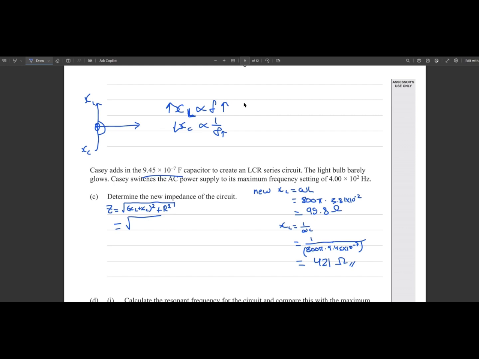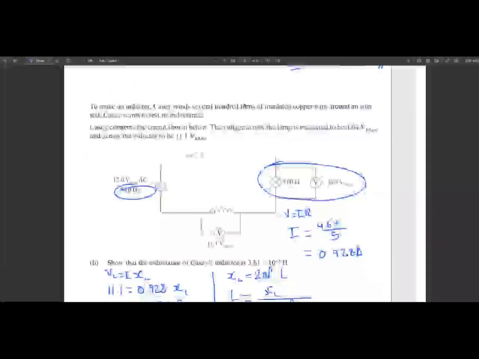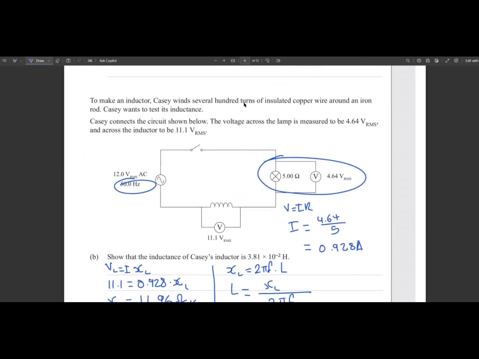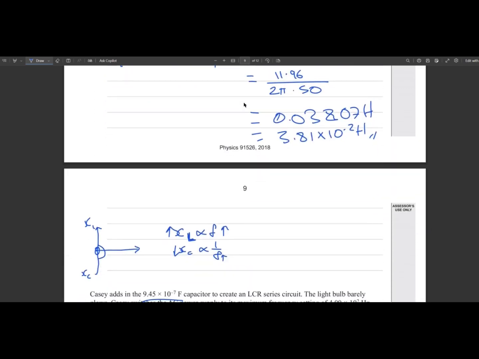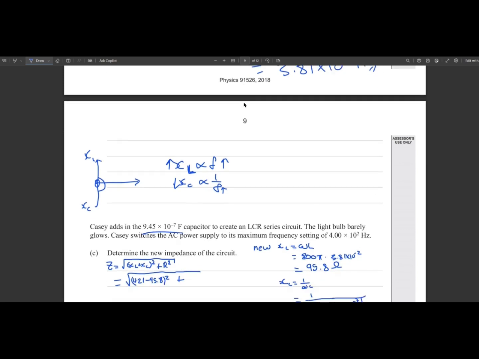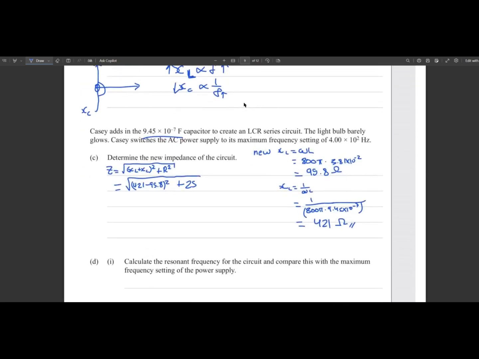So it's just going to be our 421 minus 95.8, squared, plus whatever the total resistance is, which is just 5 ohms, and 5 squared is 25.